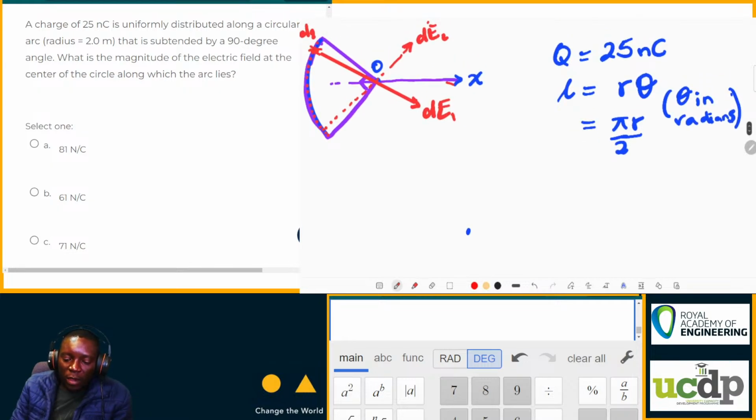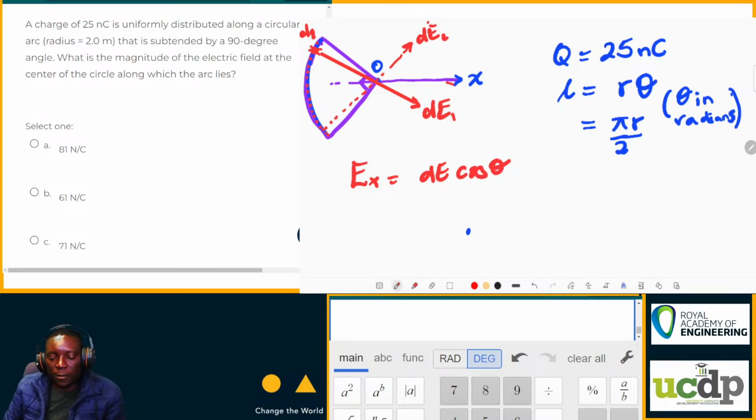If we consider each element has got a field dE, then Ex will therefore be dE cos theta. Do we agree? dEx, let me call it dEx because we are adding all these components. Are we together on this one?